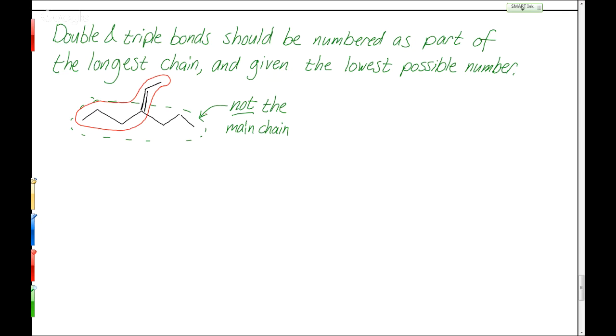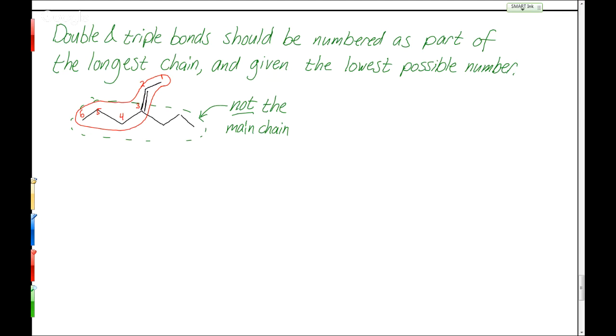We should number it so that the double bond has the lowest possible number. We can't put a 1 on the double bond because it's in the middle of the chain. But if we start numbering from that little thing that's sticking up at the top, we can go 1, 2, 3, 4, 5, 6.